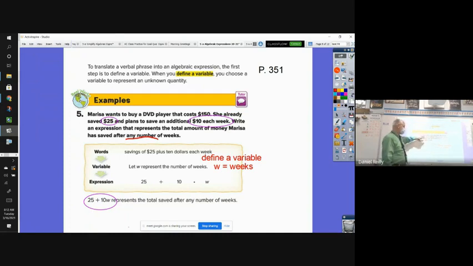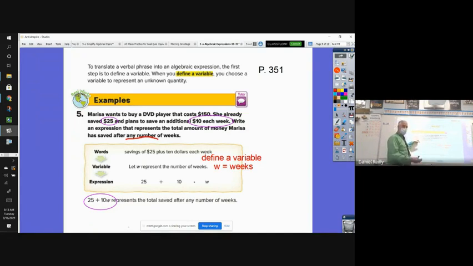Now, this problem is more complicated than it is supposed to be, and later on you'll get this in a better way. The fact that the player costs $150 means nothing to this problem, because you're trying to come up with an expression that represents how much money she has. She starts with $25. That number is not changing.